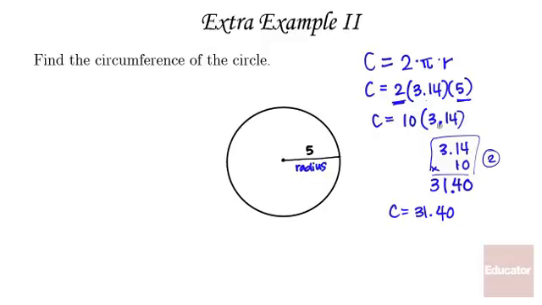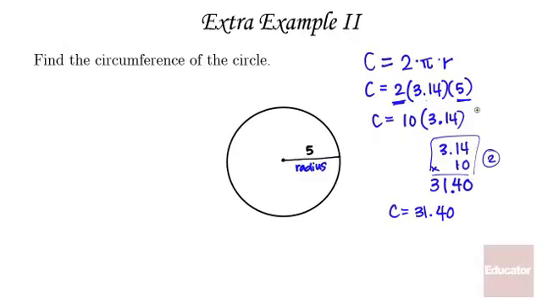To determine whether to move it left or right: if we're multiplying by 10, our number has to get bigger. If I move the decimal point to the left, my number gets smaller. I want a bigger whole number, so I have to move it to the right. So that's going to be 31.4.